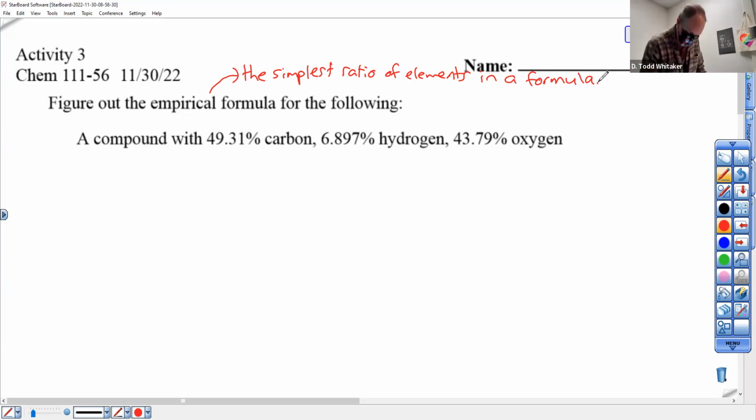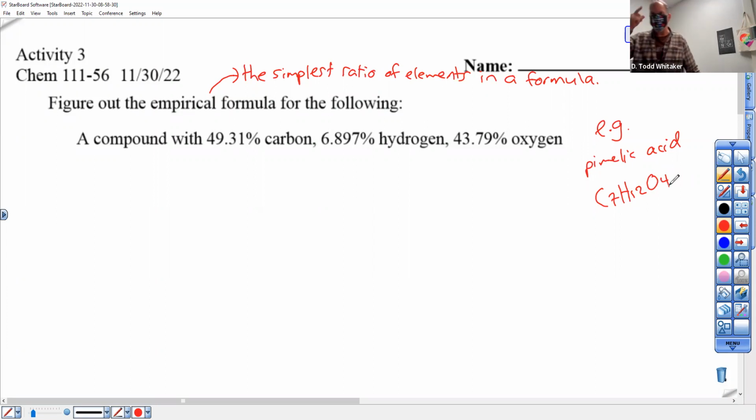For example, unrelated to this activity, if a molecular formula for, say, something like pimelic acid, which is C7H12O4. It's an organic molecule. 16 minus 2 is 14 minus 2 is 12.